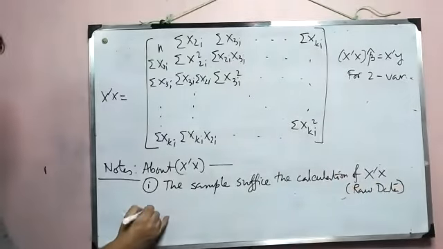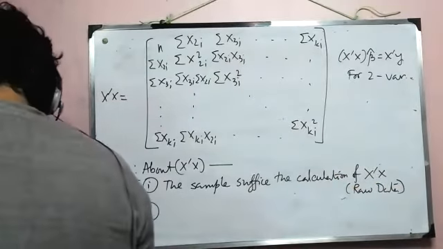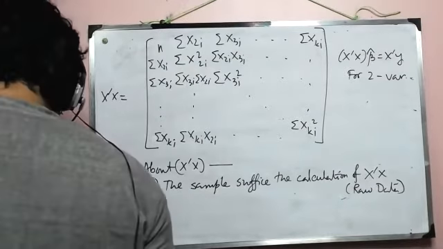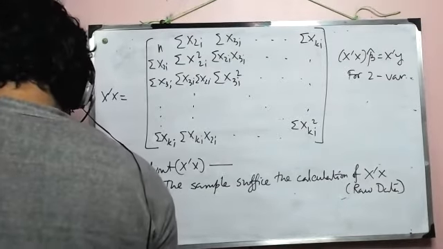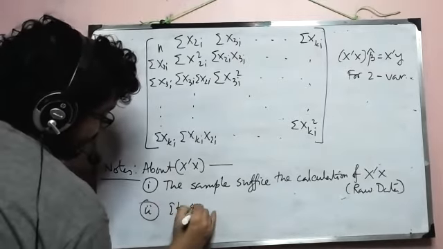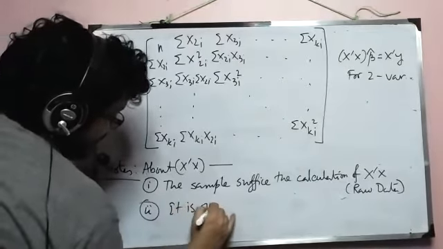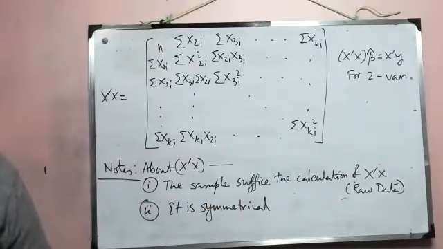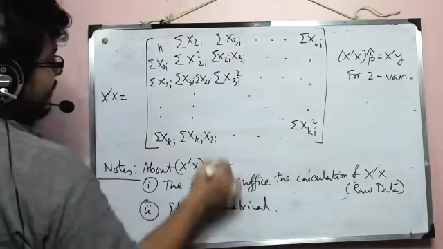Okay, and number 2, which is far more important, is that it is symmetrical. It is symmetrical, but obviously that is quite easily observable, right?